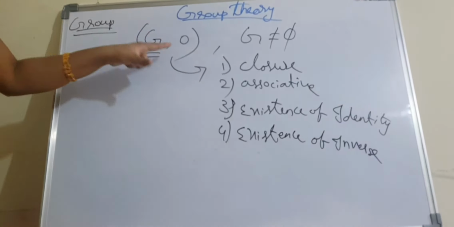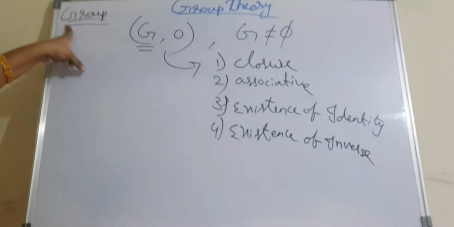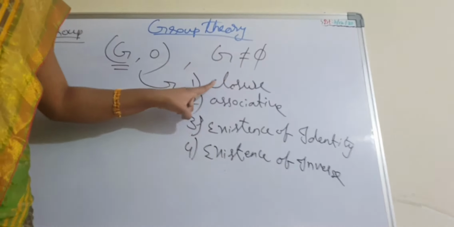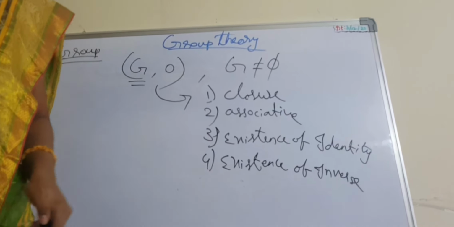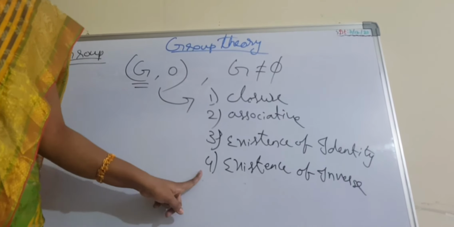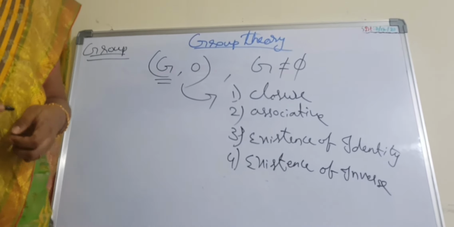If it satisfies these 4 properties, then we call it a group. The properties are closure, associative, existence of identity, existence of inverse. I think you can understand what a group is.